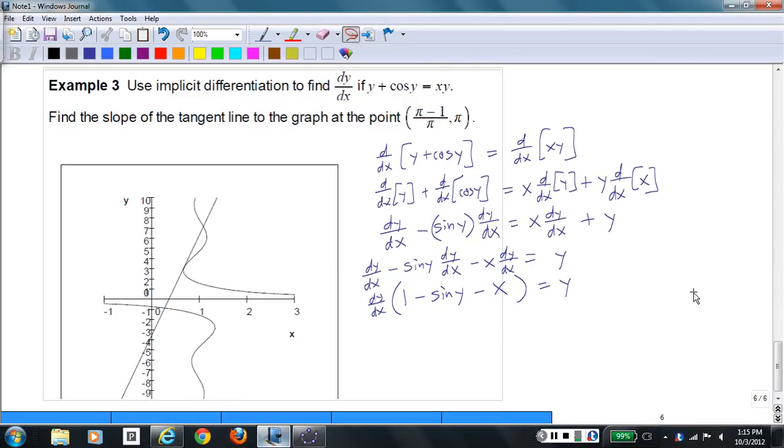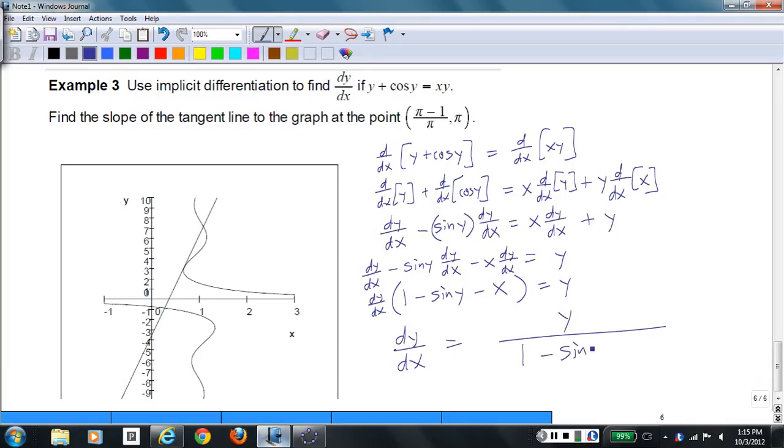Then divide both sides by 1 minus sine y minus x, and dy/dx equals y over 1 minus sine y minus x.